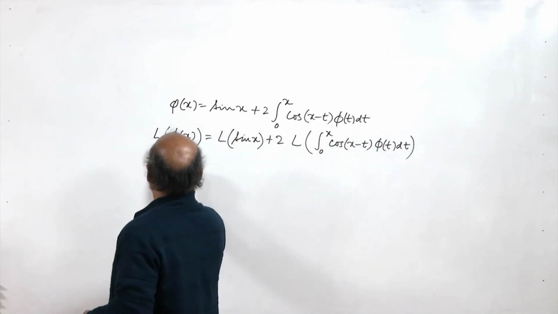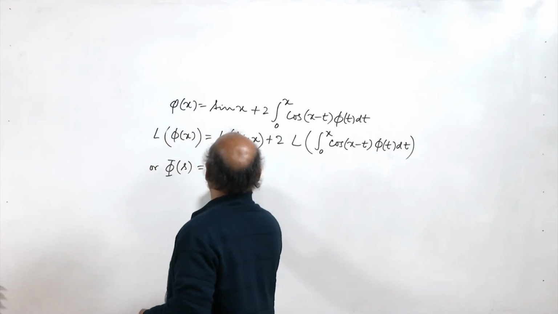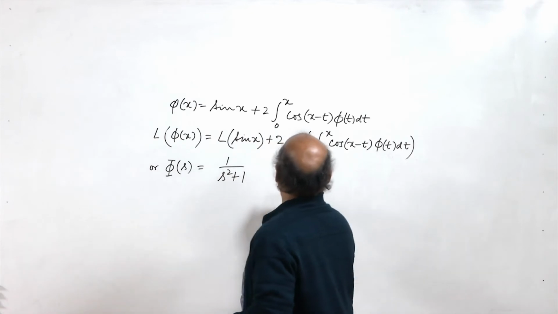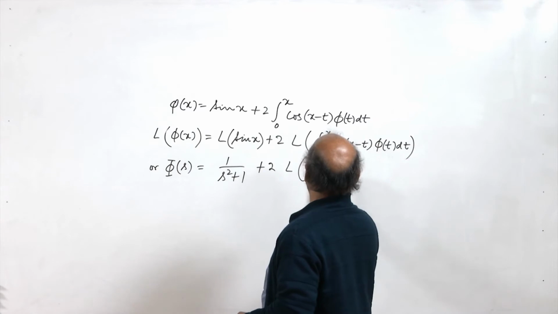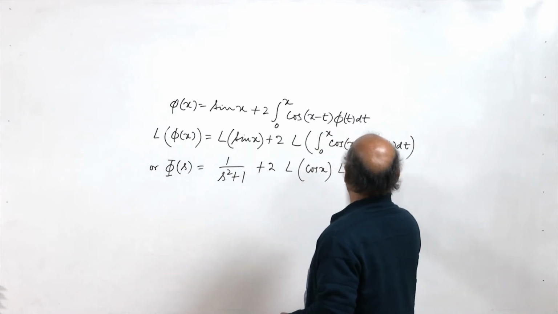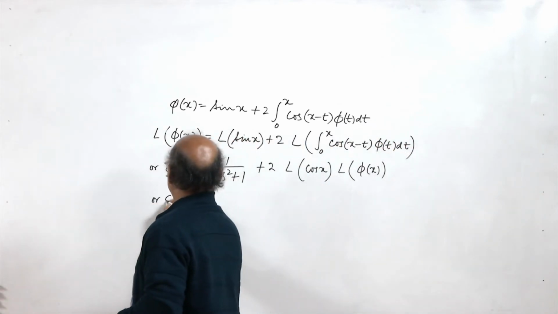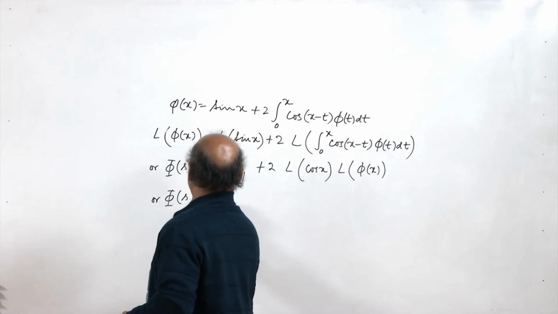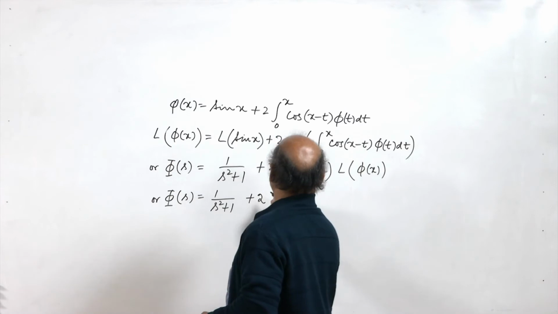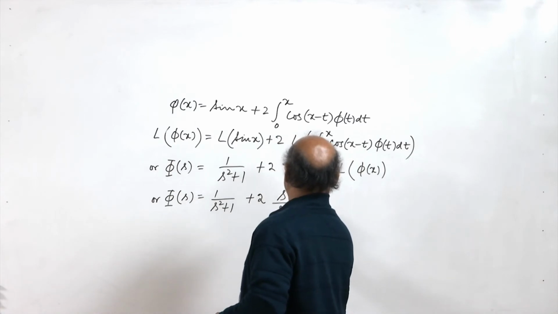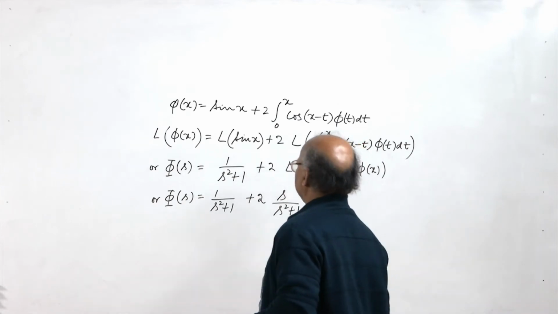Or we can say phi(s) is equal to 1 over s square plus 1 plus 2 times the Laplace transform of cos x into the Laplace transform of phi(x), or we can say phi(s) equals 1 by s square plus 1 plus 2 times s over s square plus 1 into phi(s).